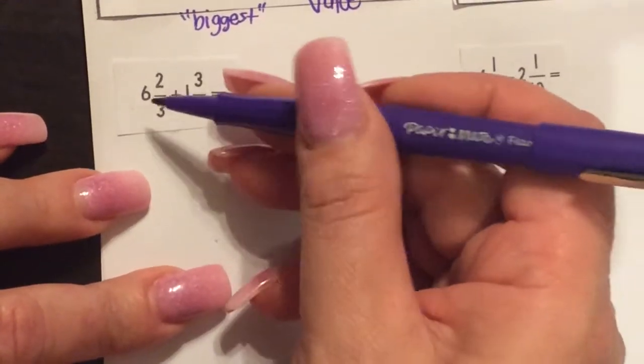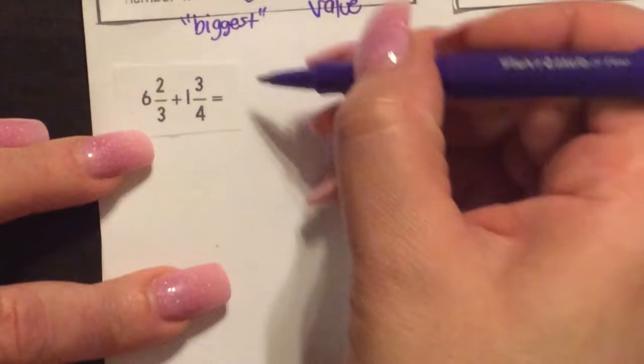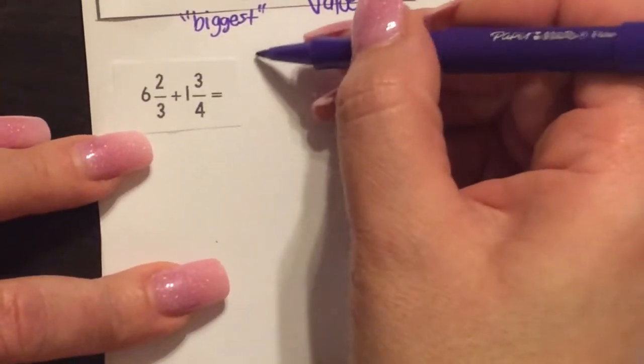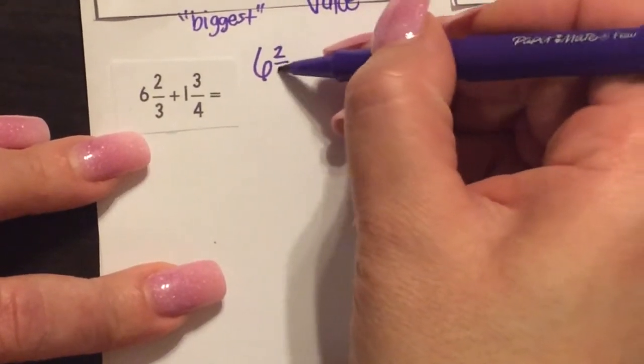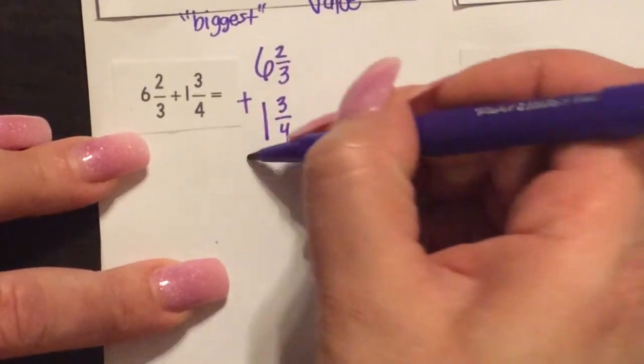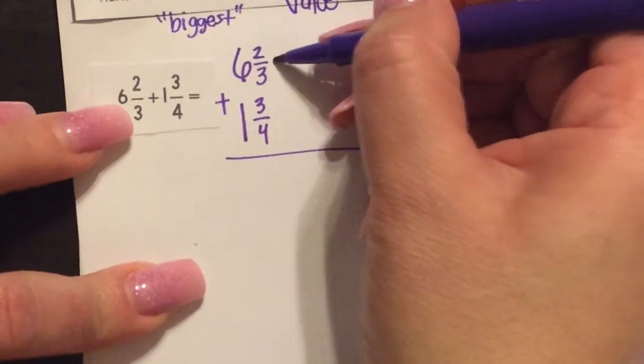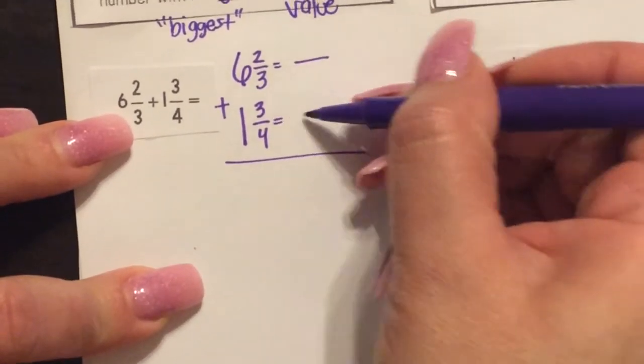So here we need to add 6 and 2/3 plus 1 and 3/4. The first thing that I suggest is let's rewrite these two numbers vertically, and then we find a common denominator between 3 and 4, and I think that is going to be 12.